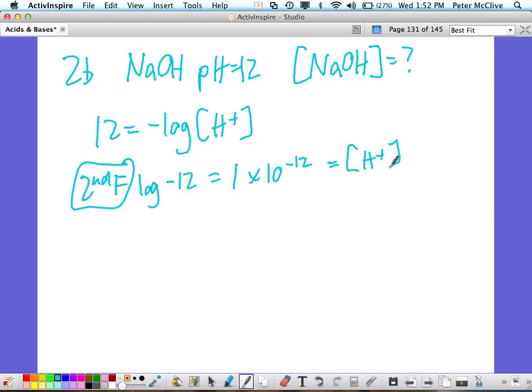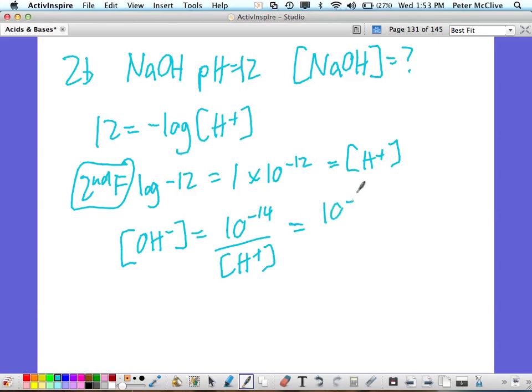And then we've got to work backwards to hydroxide. So OH minus equals 10 to the minus 14 over this thing now, equals 10 to the minus 14 over 10 to the minus 12. Actually, there are probably some nice simple index laws there. 10 to the minus 14 divided by 10 to the minus 12, so you subtract, or minus the minus.